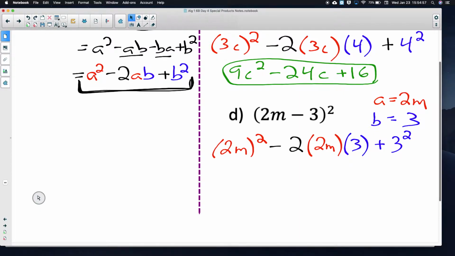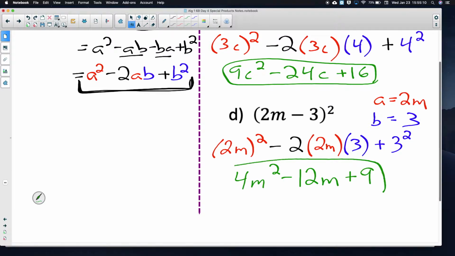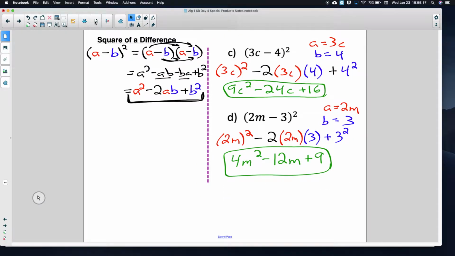So then if I simplify that, I end up getting 4m squared minus 2 times 2 times 3, so that is going to give me minus 12m plus 9. So that is our second product, which is the square of a difference. So those two are very similar.